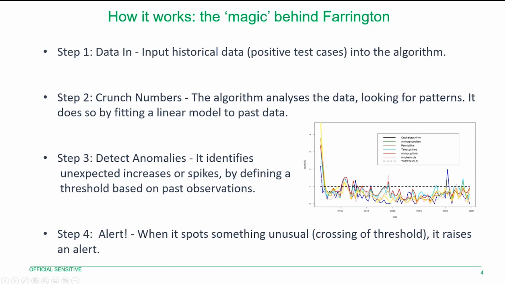The color curves are just time series of positive test cases for different drugs, and the algorithm provides a threshold as a dashed line. In step 4, it raises an alert every time this threshold is crossed, which marks something unusual, which is worth further investigation.